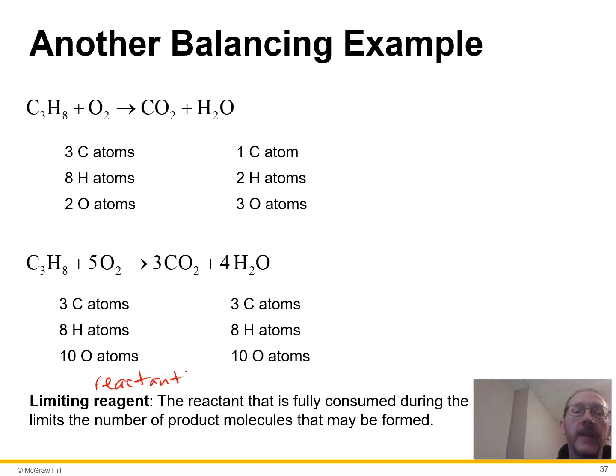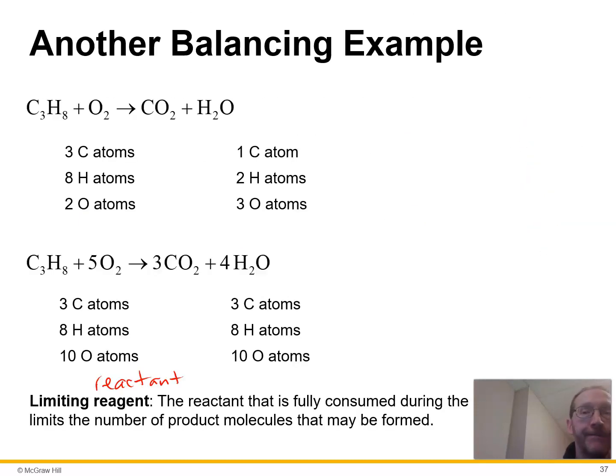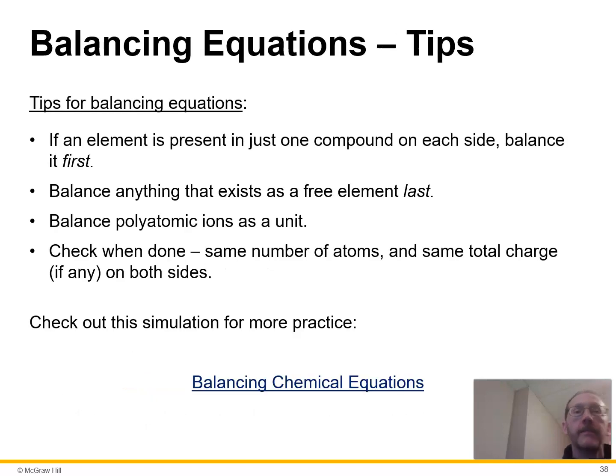The one that's fully consumed during the reaction, which limits the number of product molecules that may be formed. In other words, I can't make another CO2 because I don't have another CH4. I can't make any more waters, but I have extra oxygen, so that is not the limiting reactant. So that's how that works.